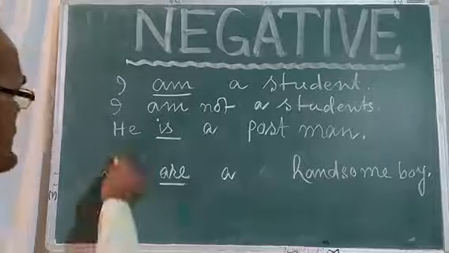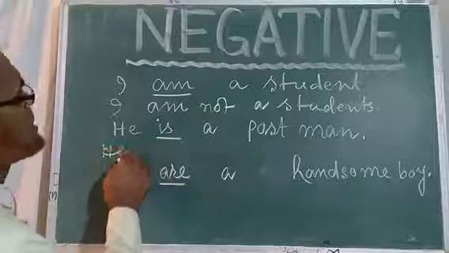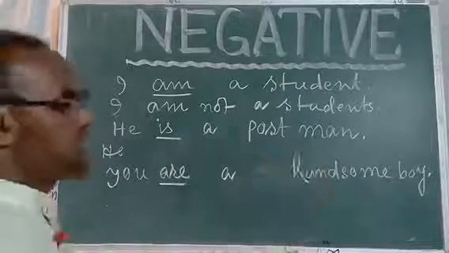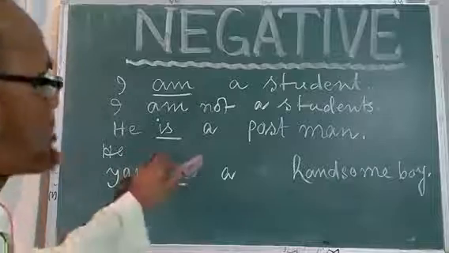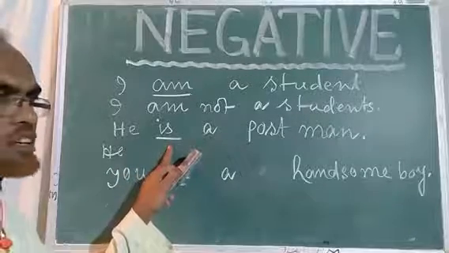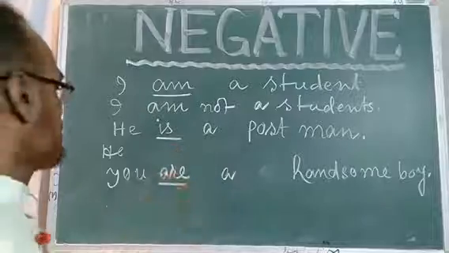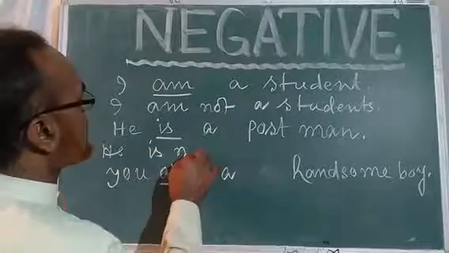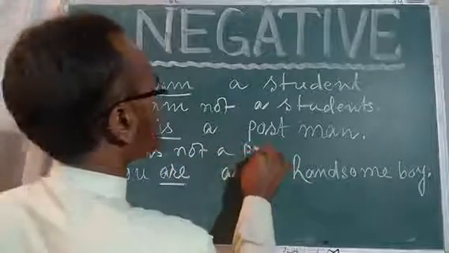The second sentence is he is a postman. The auxiliary is is, so we have to add not after the auxiliary. That is, he is not a postman.